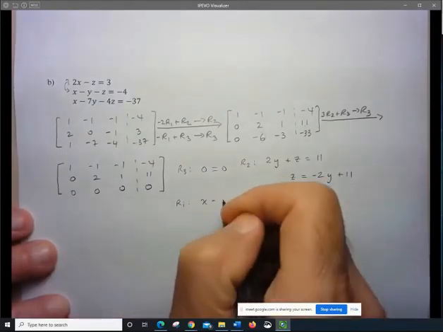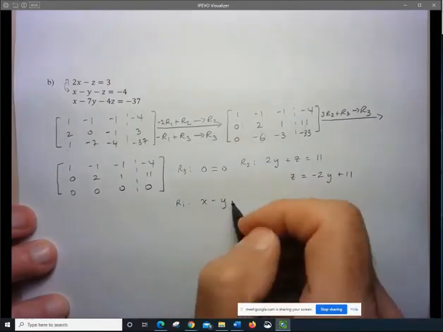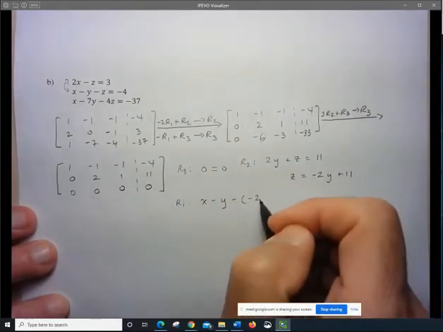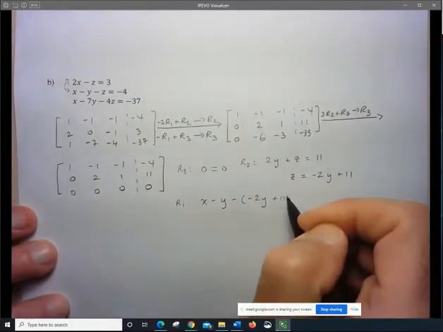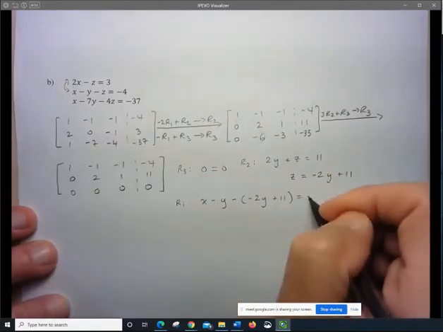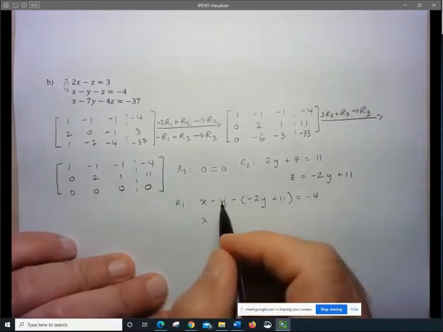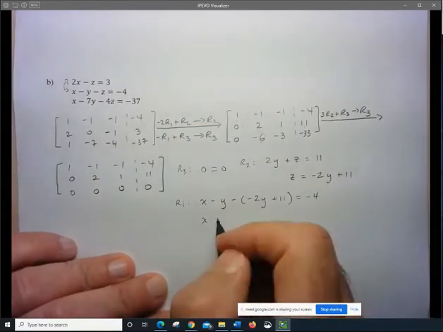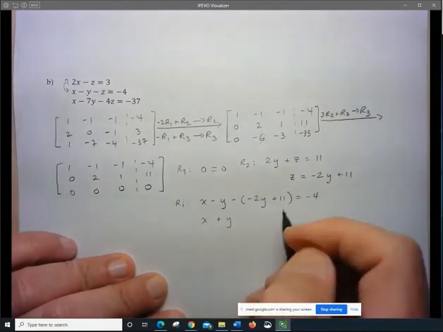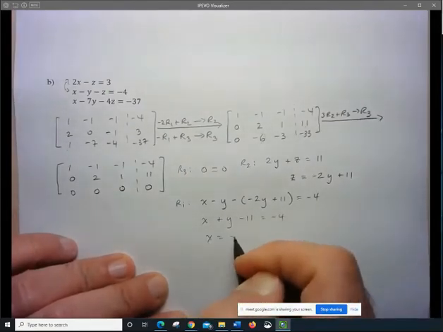So x minus y, and then wherever I see z, I'm going to replace that by minus 2y plus 11, is equal to negative 4. And now I'm going to write x in terms of y. So x plus 2, so this is going to be plus y minus 11 equals negative 4. So x is equal to negative y plus 7.